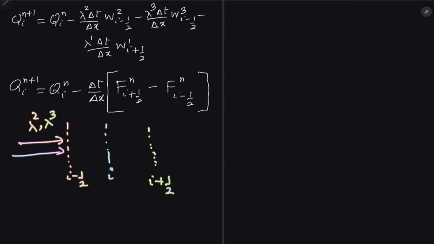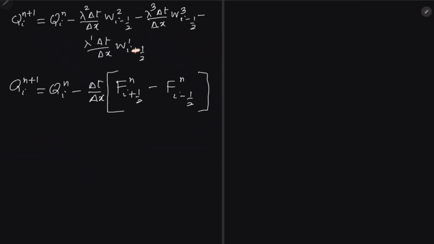If the waves are traveling from right to left, then you must have a contribution from that wave, which is lambda 1, and these will be accommodated in the general numerical method. For example, if there is no wave entering from the right side, then we can neglect that. I hope you got the point.